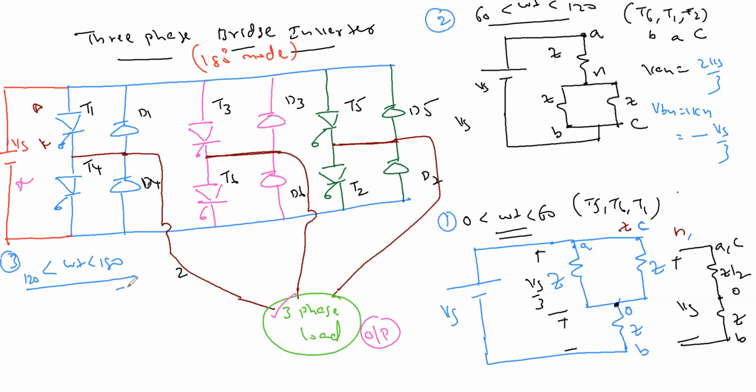Conduction is T1, T2, T3. 1 is A phase, 2 is C phase, niche. 3 is upper B phase. Do you agree with me? 1 A phase, 2 is niche wala C phase, 3 upper B phase. If it's lower or upper, this group is completely A phase, completely B phase, completely C phase.